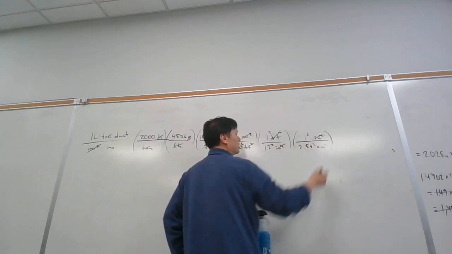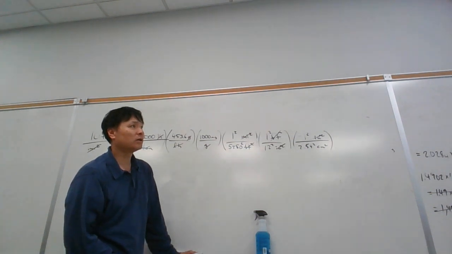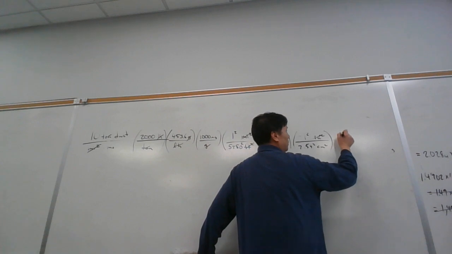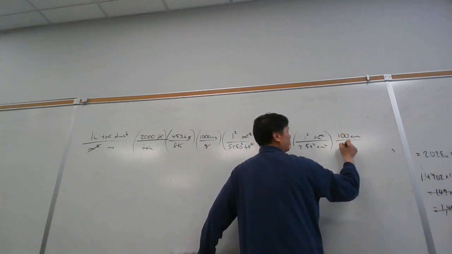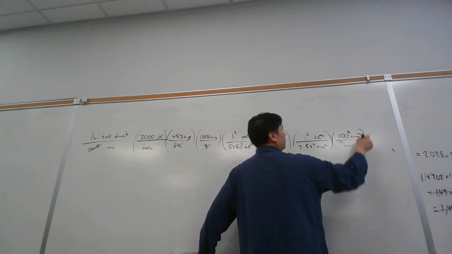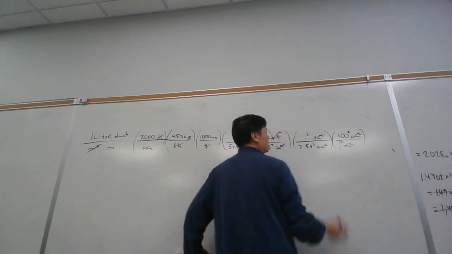And so the inches squared canceled, leaves me centimeters squared. And they wanted square meter. And so I know that I have 100 centimeters for every meter, and then just square everything. And so that gives me per meter squared on the bottom.